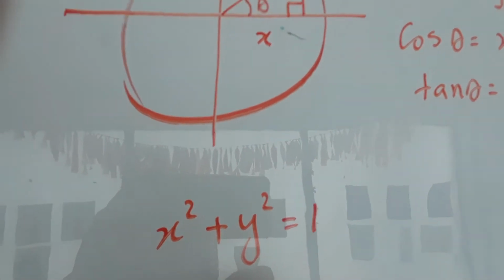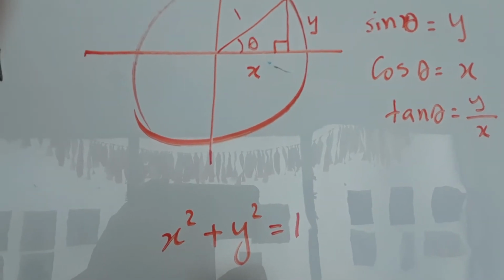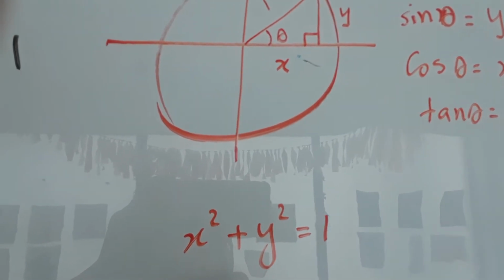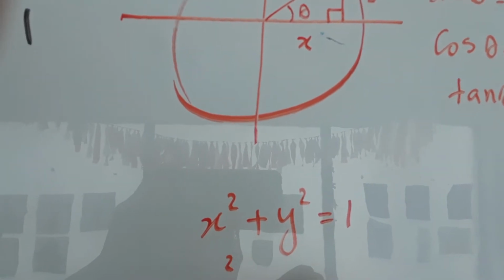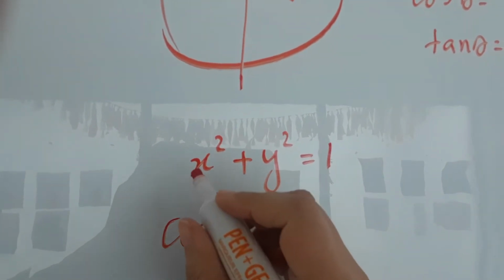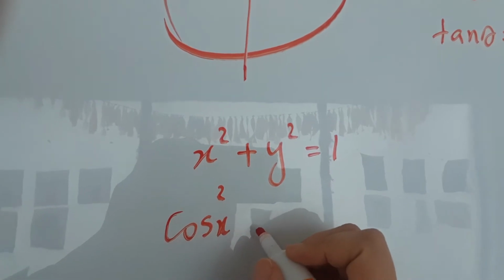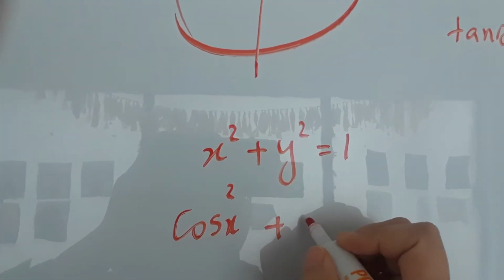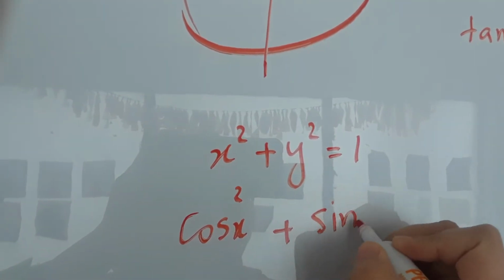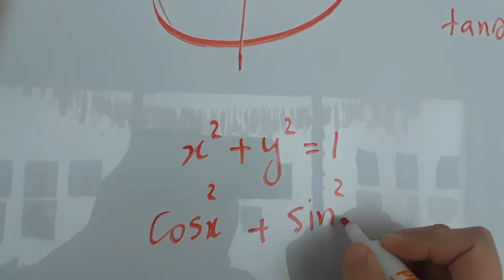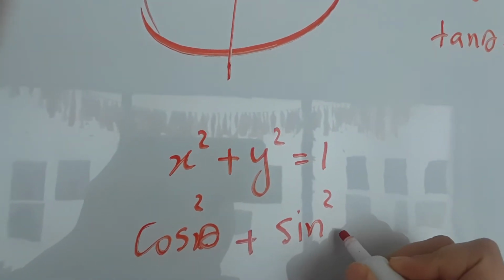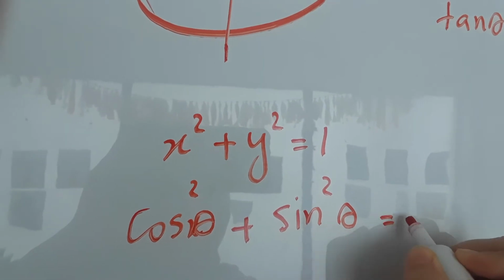Now, instead of the x, what did I have? Cosine theta, right? So cosine squared. And instead of y, I put sine squared theta, is equal to 1.